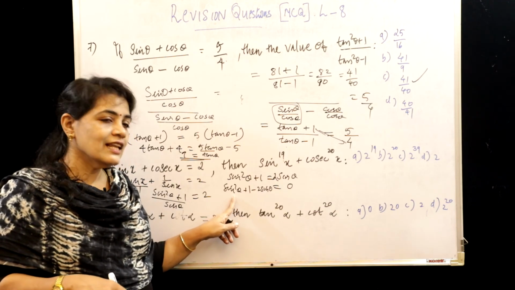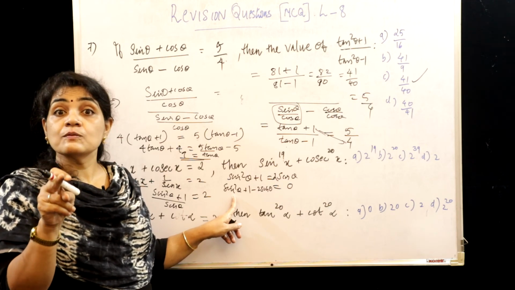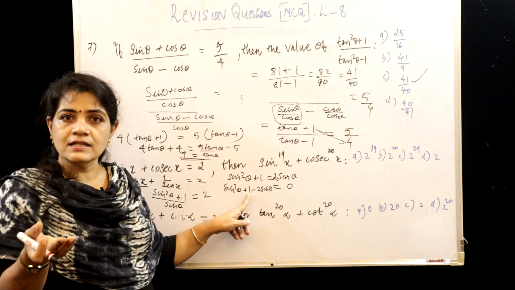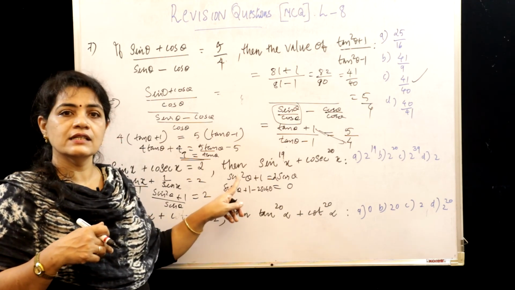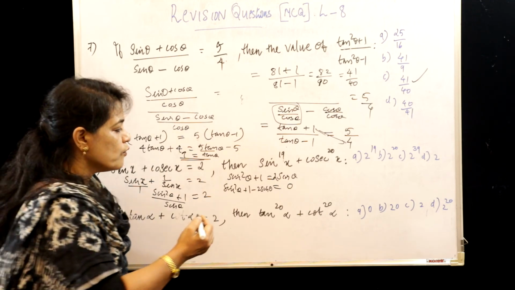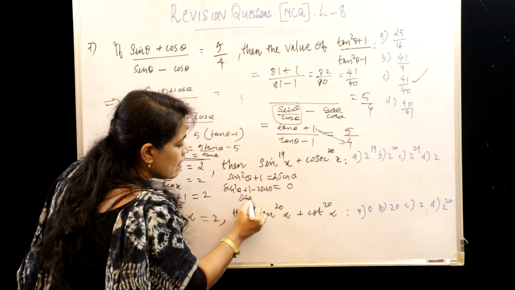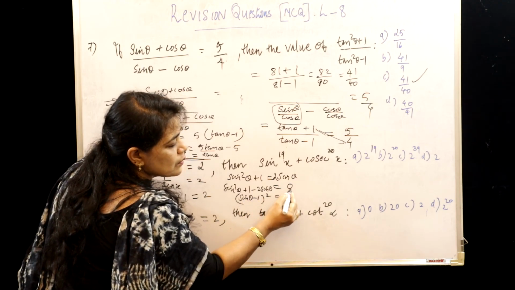If we take A as sin theta, A square plus B square, 1 square is 1 itself, minus 2 into A, A is sin theta, into B is 1. This is the expanded form of sin theta minus 1 whole square equal to 0.